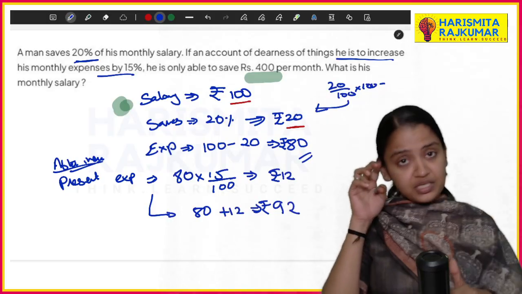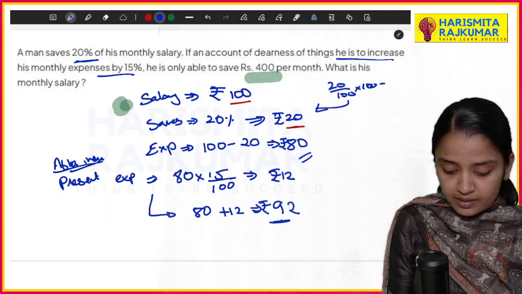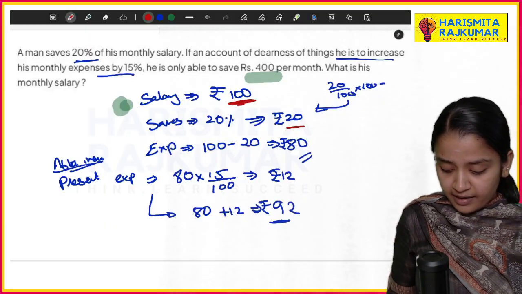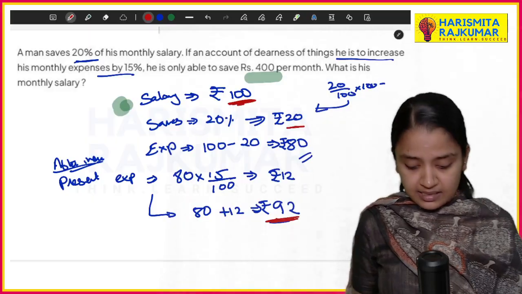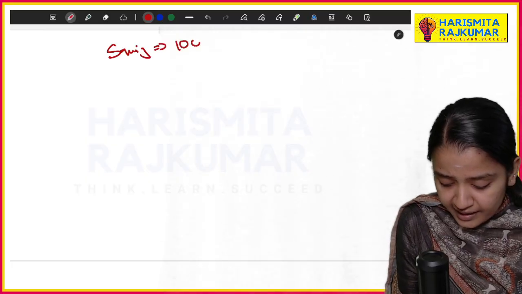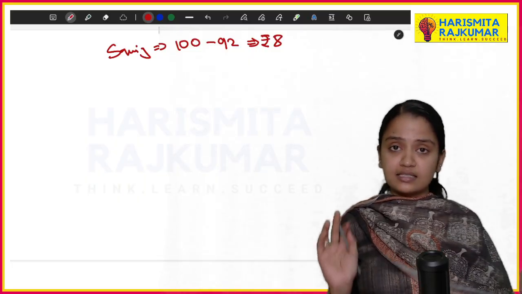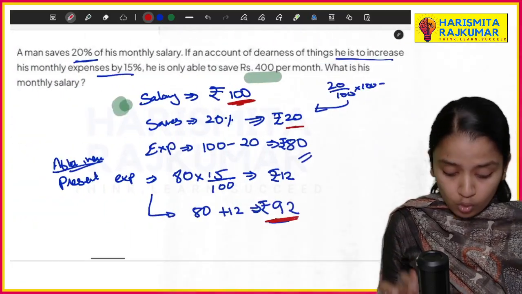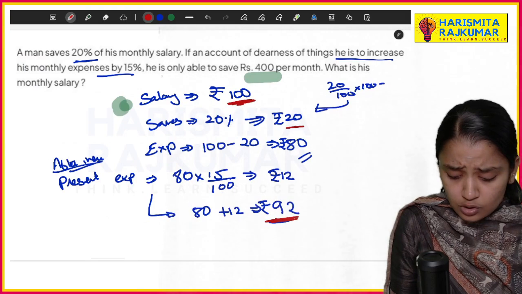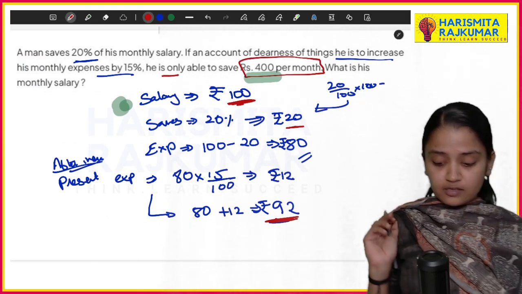Now, how much is he saving? Suppose he's spending 92 and we assumed that the salary is 100. So saving is nothing but 100 minus 92, which is rupees 8. Only that he is saving. That rupees 8 is what they're calculating as 400.